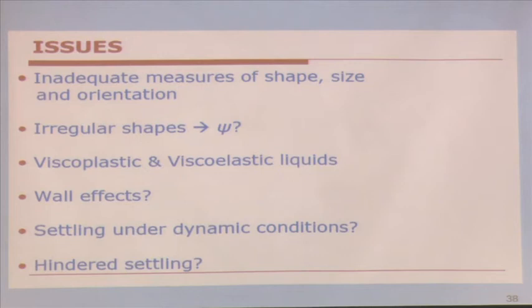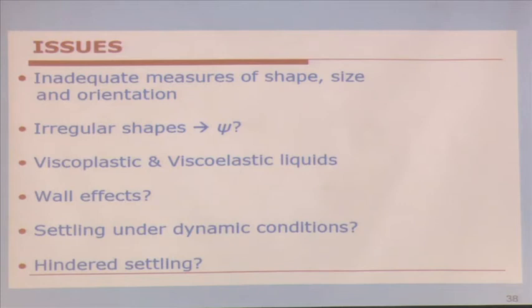For a multi-particle system, how do I know the sphericity of the different particles? Viscoplastic and viscoelastic liquids are very difficult to deal with. Wall effects, I do not know many times how they affect my settling under dynamic conditions, like your dV by dt when it is not 0. Then hindered settling, we do not have models.